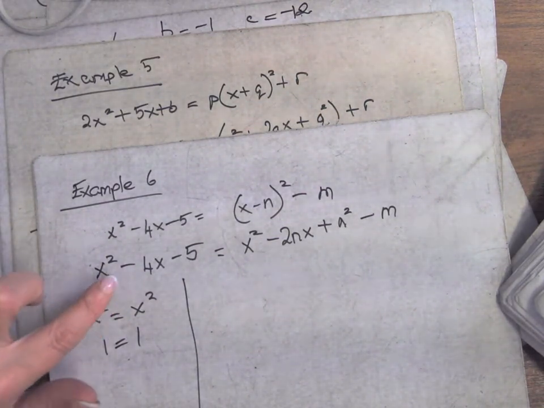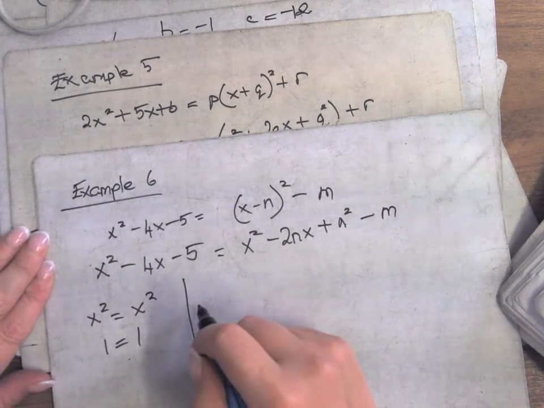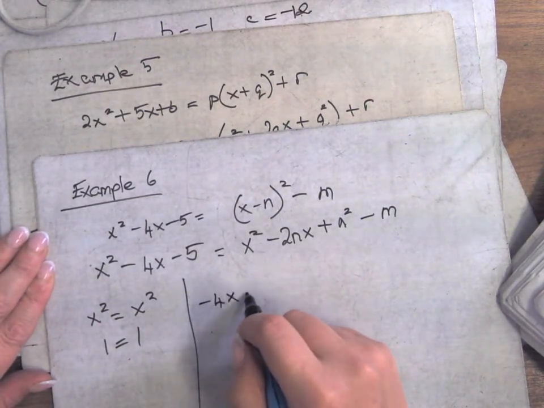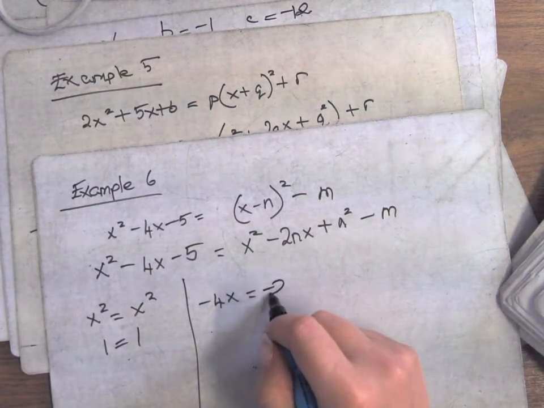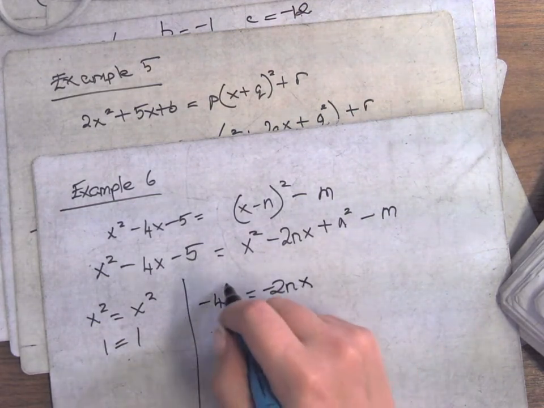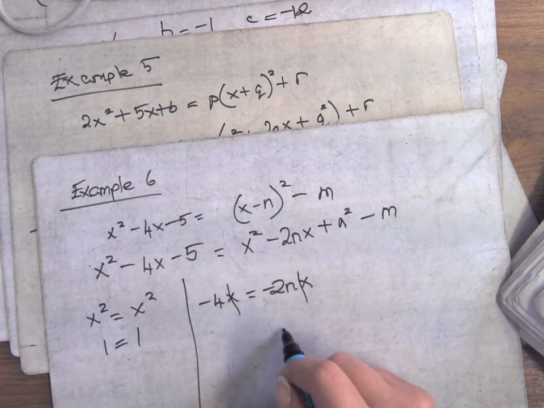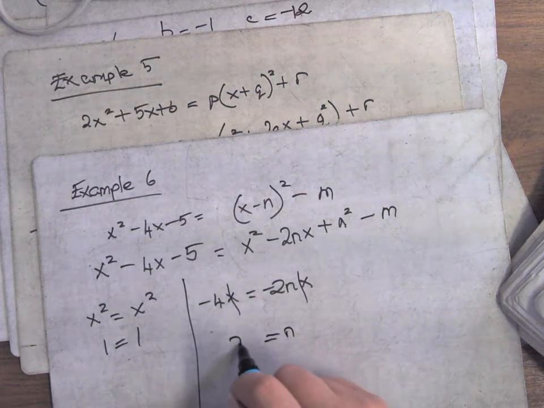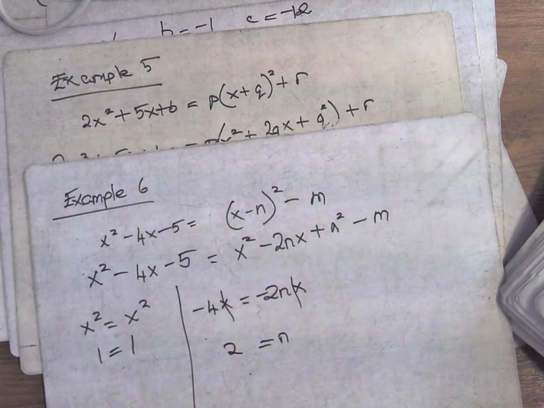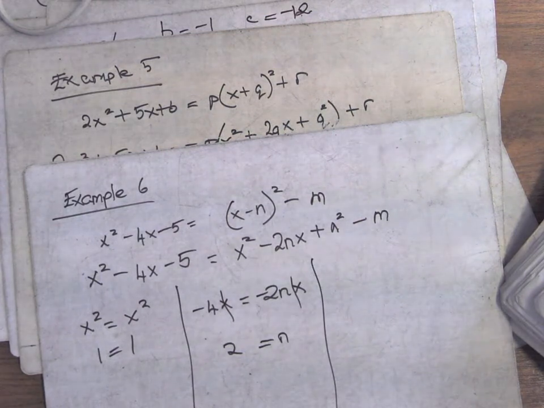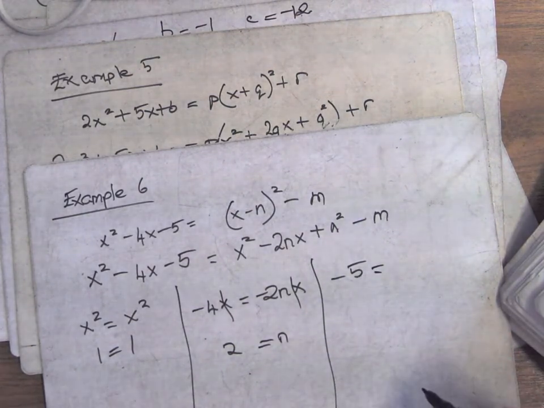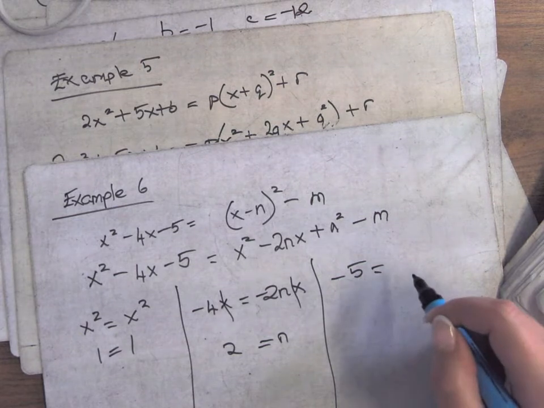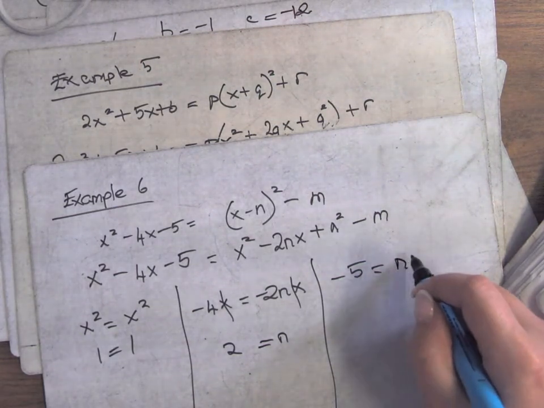So what is the x term on the left hand side? Minus 4x, and you let it equal the x term on the other side. What's that? Minus 2n x, and then you divide each side by x, and then you divide across by minus 2, and you end up with n is equal to 2. With me? Right, then you pick your number on the left hand side. So your number on the left hand side is what? Minus 5, and you let that equal the number on the right hand side, which is n squared minus m.